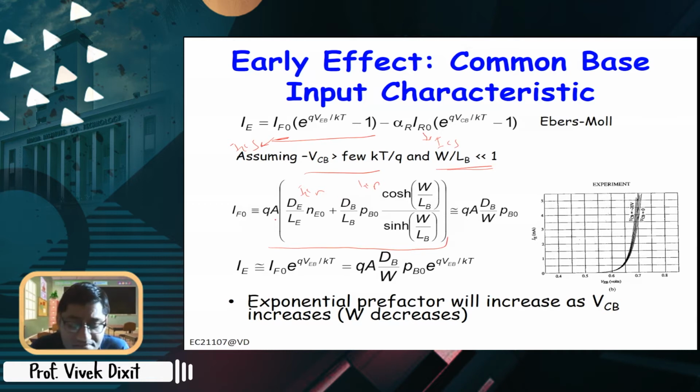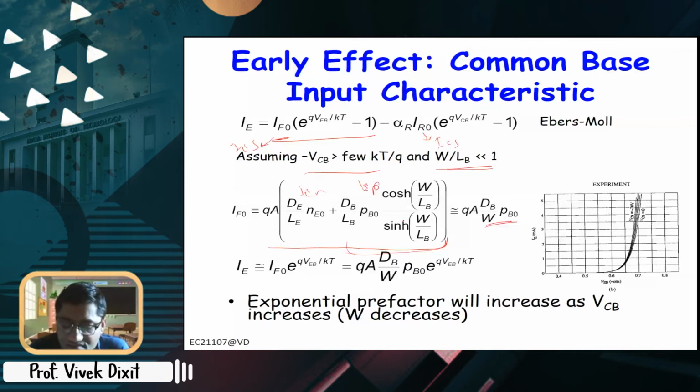Of course, because the emitter is highly doped, it is IEP which will be dominating. So you can take out this one, and for a small width, sinh x can be approximated as x, W by LB. So LB will cancel. We have DB by W times PB naught Q A. So your IF naught is basically inversely proportional to the width.